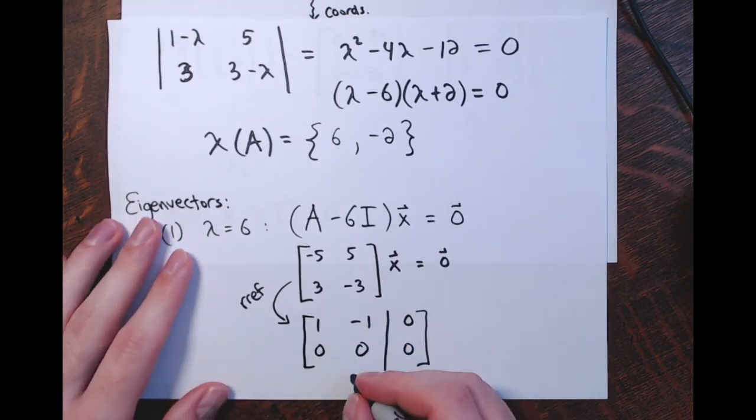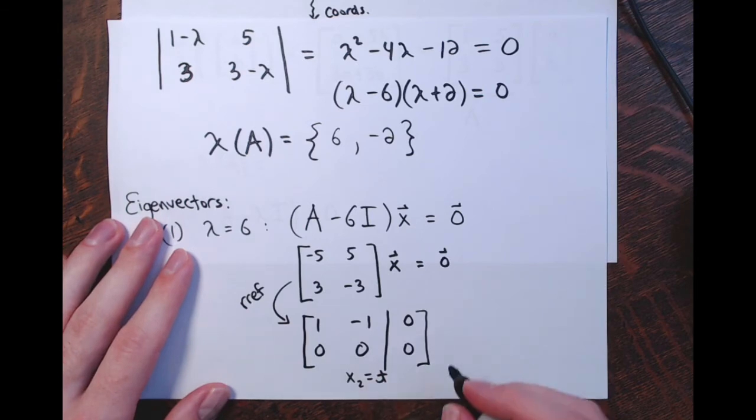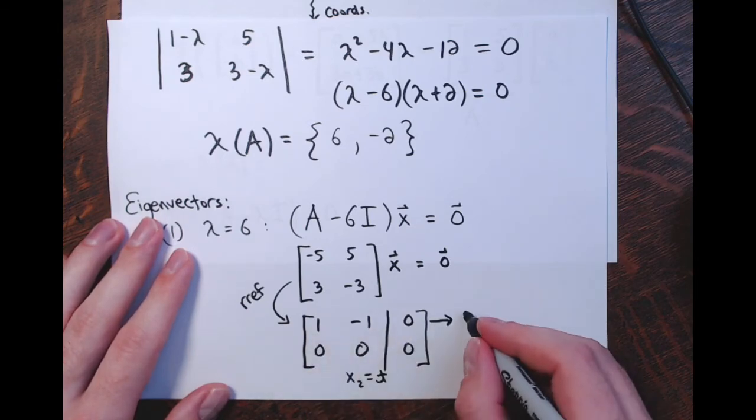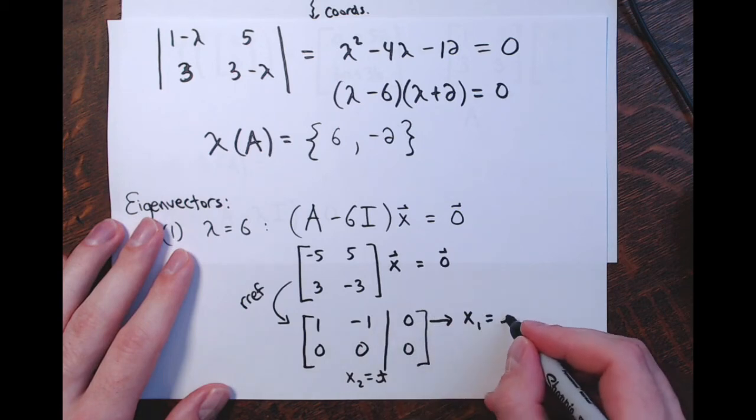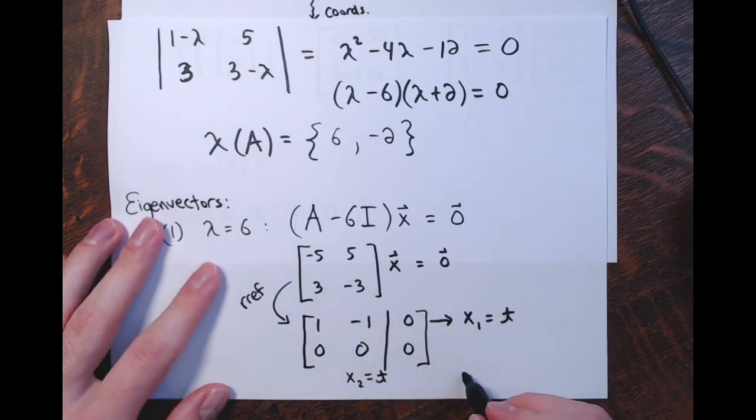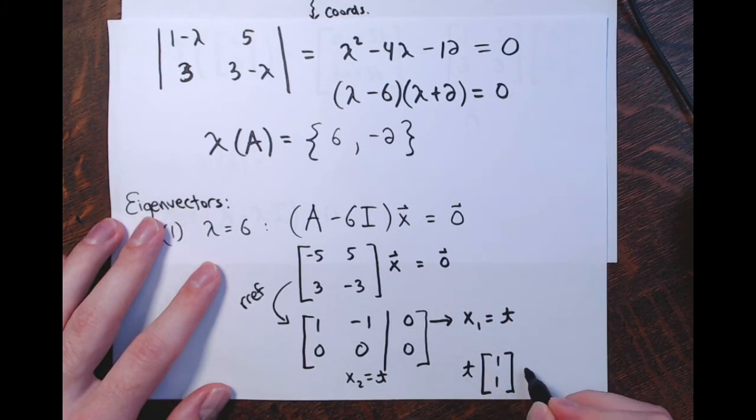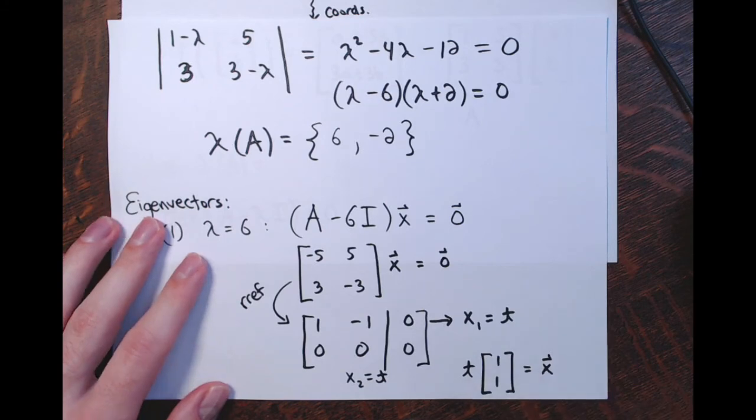And so x2, my second component, would be a free variable. I'll call it t. From the first row, we'd see that x1 would have to be equal to t. And so the eigenvectors are t times (1, 1), as long as t is not 0.